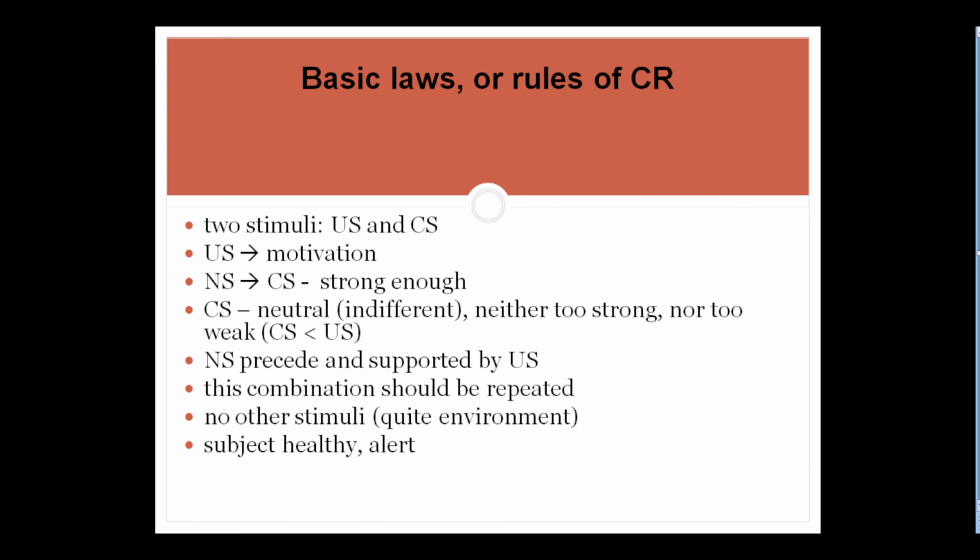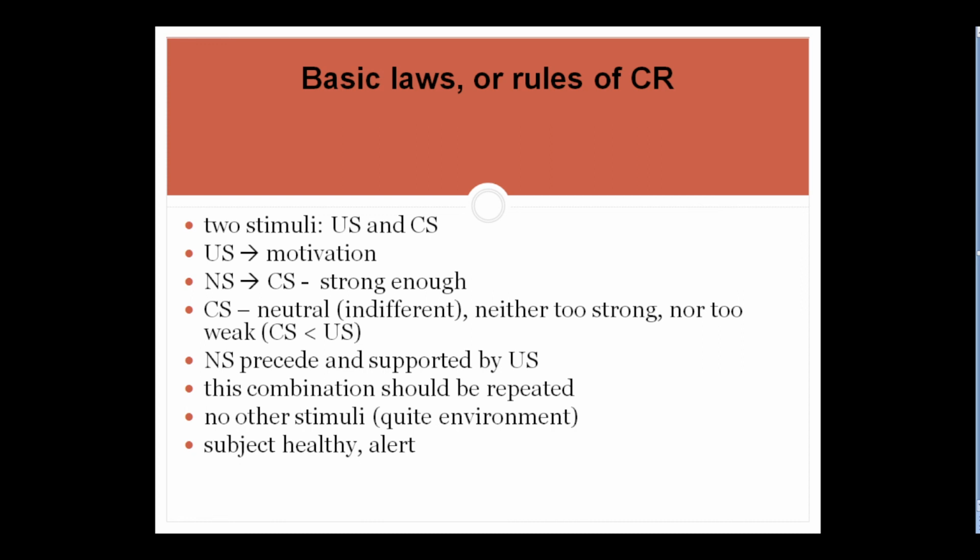There must be a motivation for the unconditioned stimulus, which means if you're going to use the food, the dog must be hungry, because if the dog is not hungry, nothing is going to happen. Then your neutral stimulus has to be strong enough, which means if the sound of the bell is barely heard, the dog might not react to it and might not create the association.